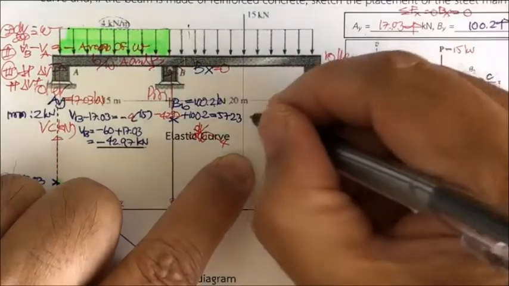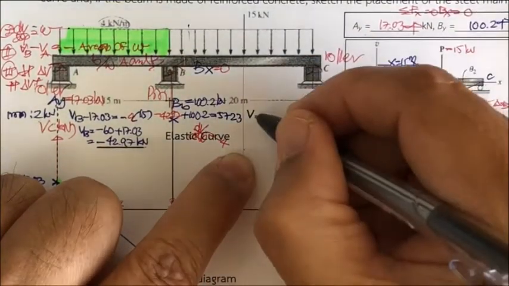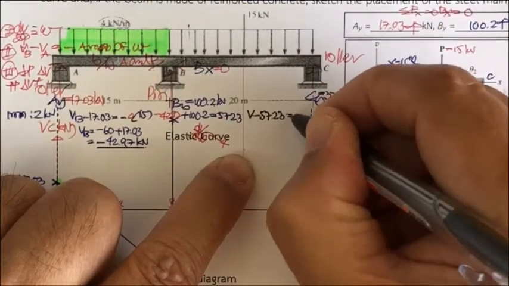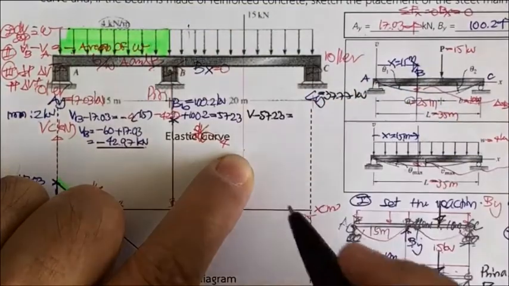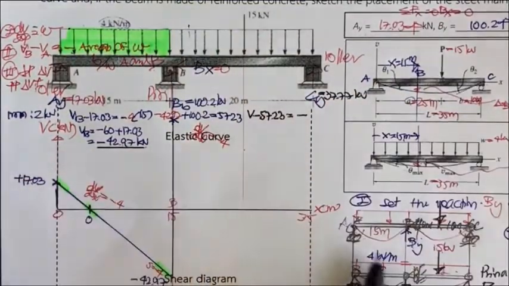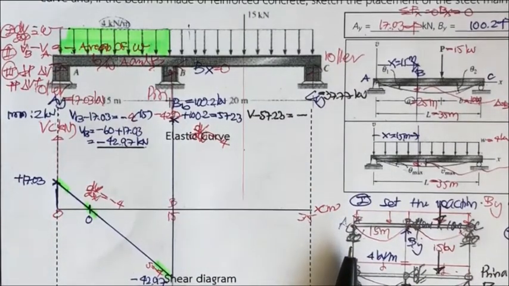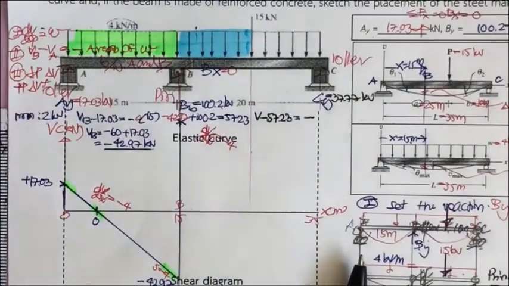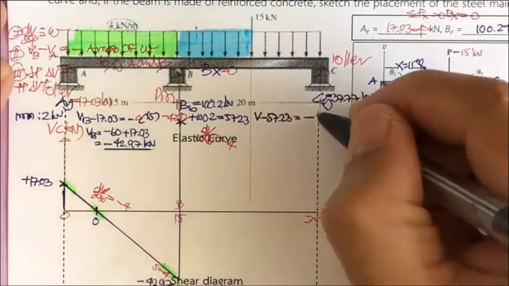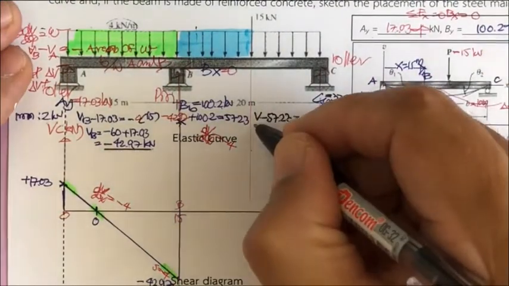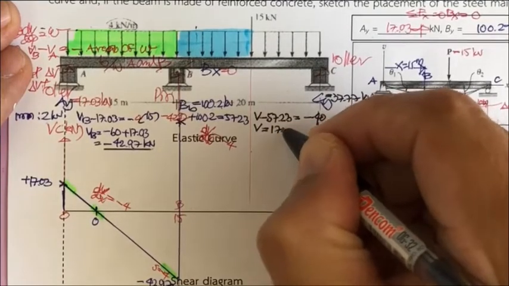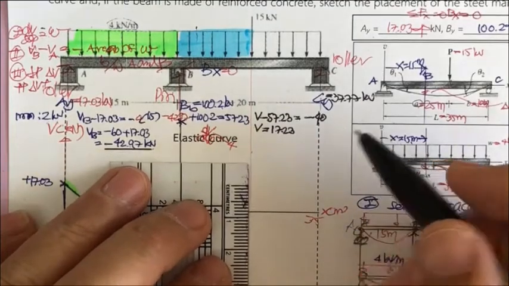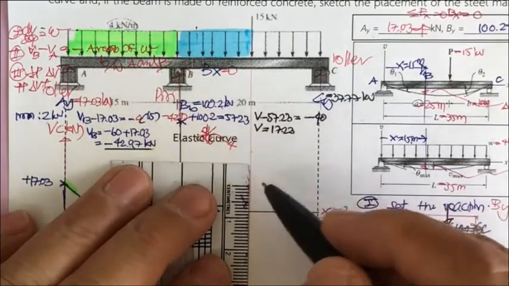The V here. We don't know V here. V here minus 57.23 is going to be equal to the negative of the area here. That is going to be 4 times 10, okay, that is going to be 40. So V is going to be 17.23. That is going to be divided by 2. That is 8 millimeter.